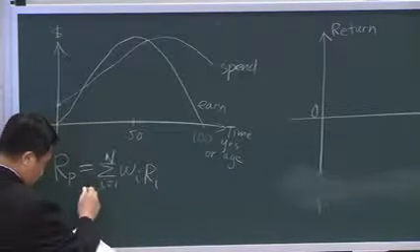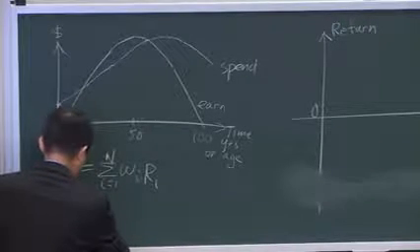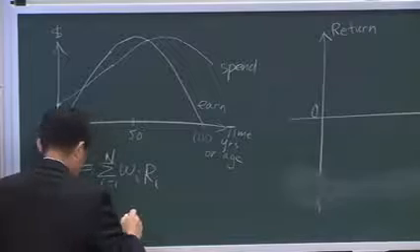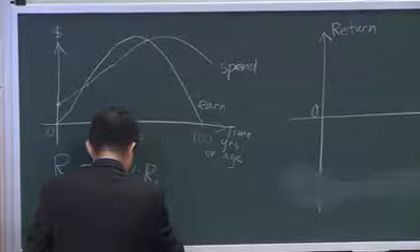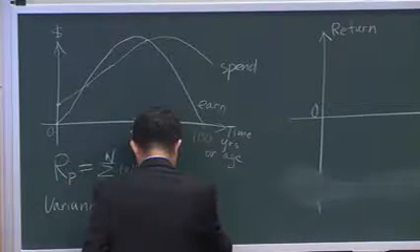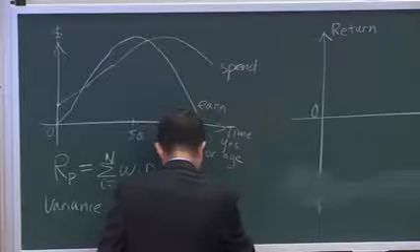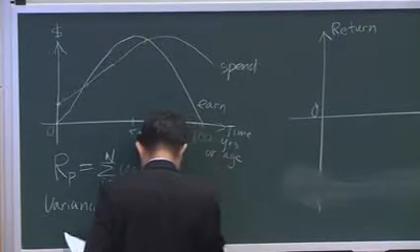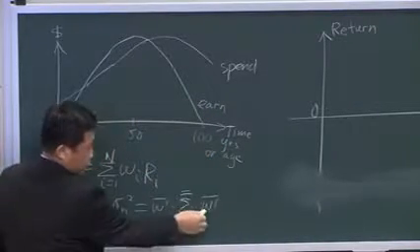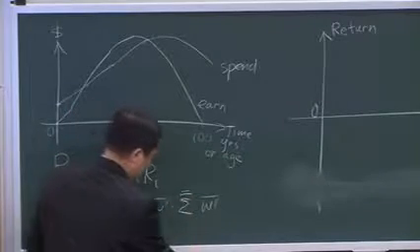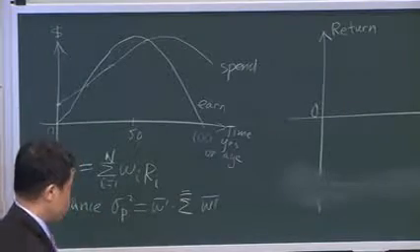Then let's just look at the variance, sigma_p squared. These are vectors, and this is a matrix. The one in the middle is a covariance matrix. Okay, that's all you need to know about the math at this point.